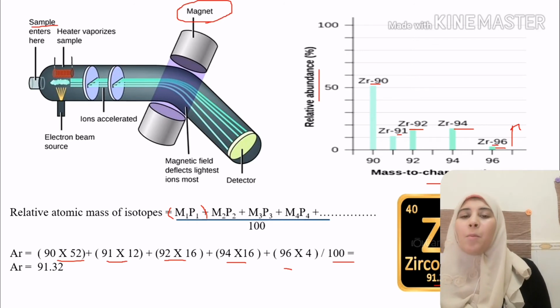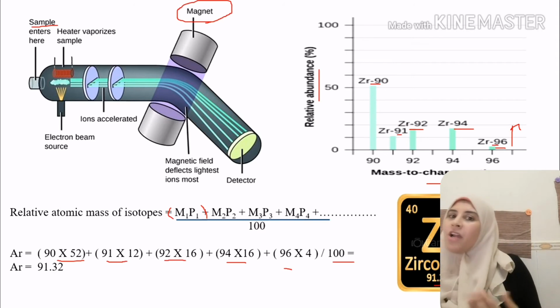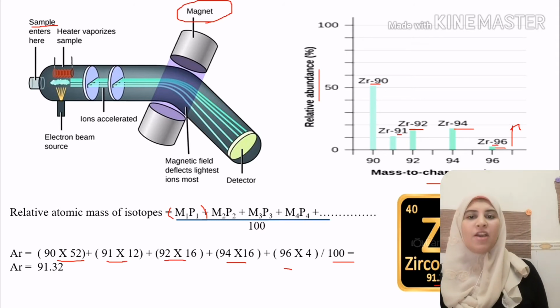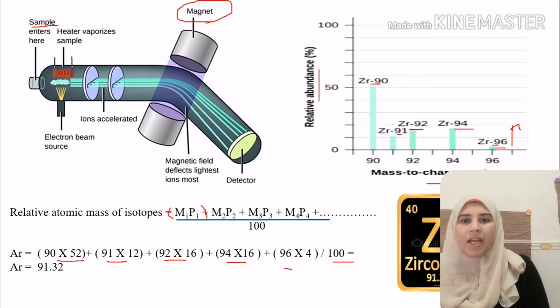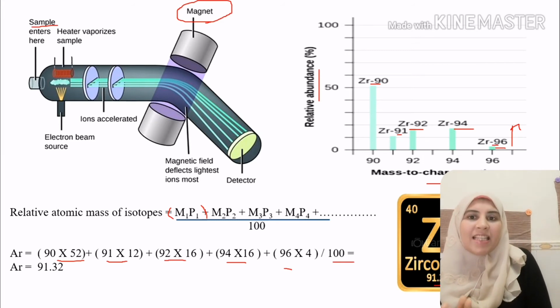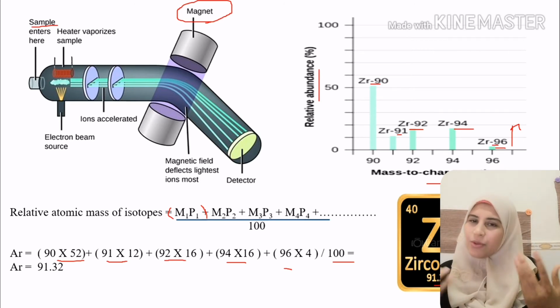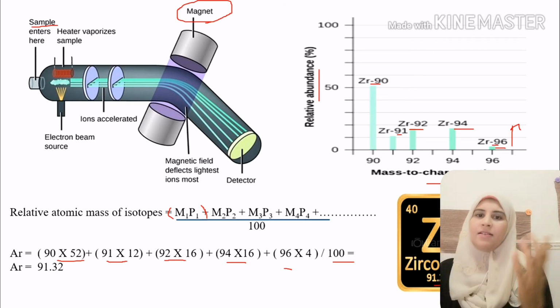So it must be near 90, not near 96. So if I calculated it as 91.2 or 91.3, it is expected. But if I calculated it as 96, impossible. Okay? Just try to estimate it in your mind.